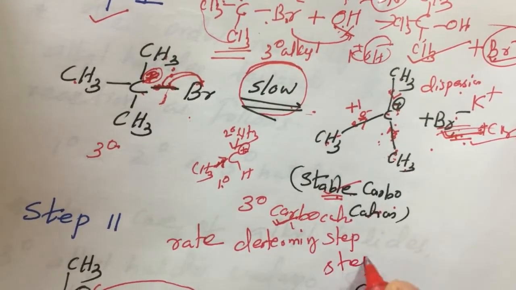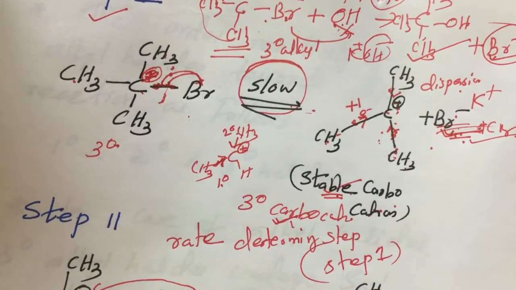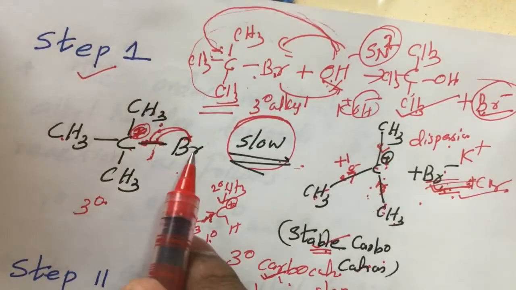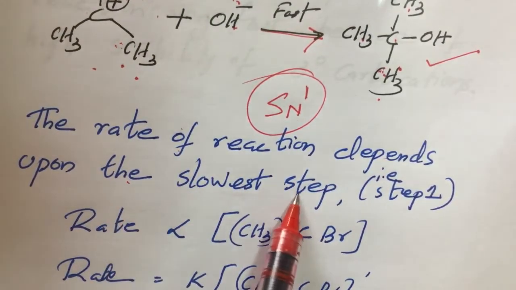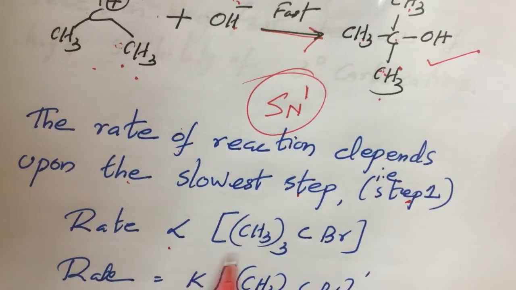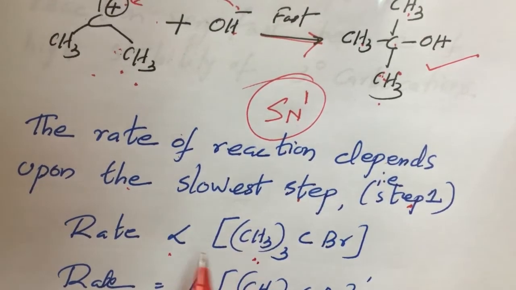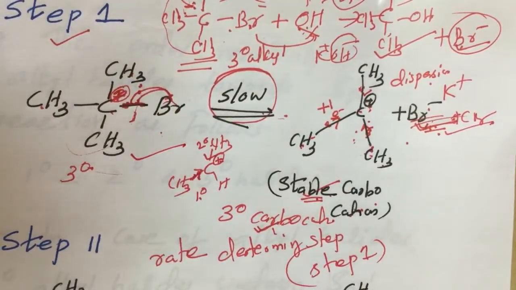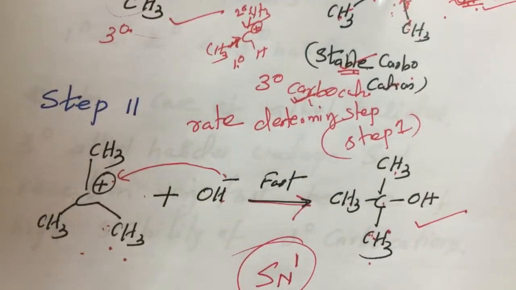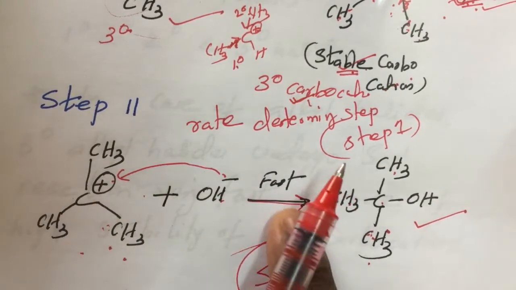Step 1. So step 1 is the rate determining step. In the rate determining step, there is only one reactant. So how can we write the rate? The rate of reaction depends upon the slowest step. The slowest step is step 1. Rate is directly proportional to the reactants in step 1. The step 1 reactant is only this one, no other reactant. In step 2 there are two reactants, but it is fast.